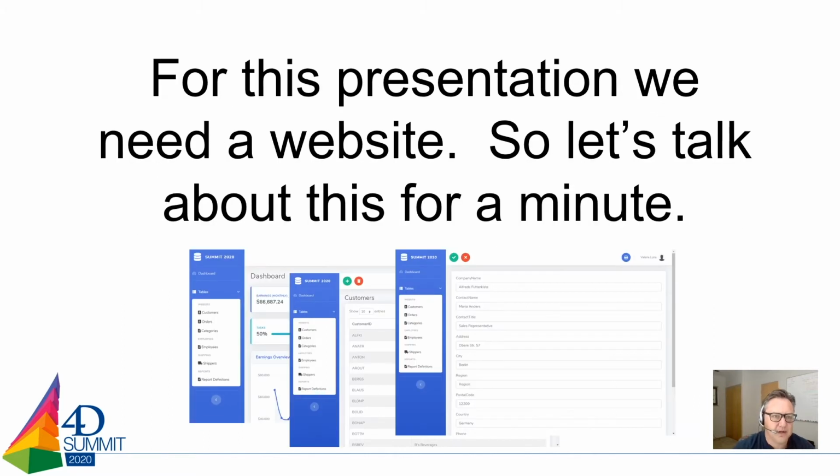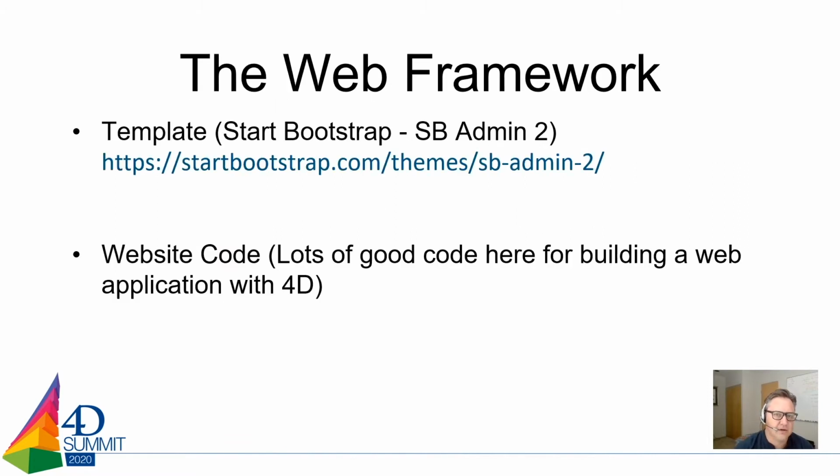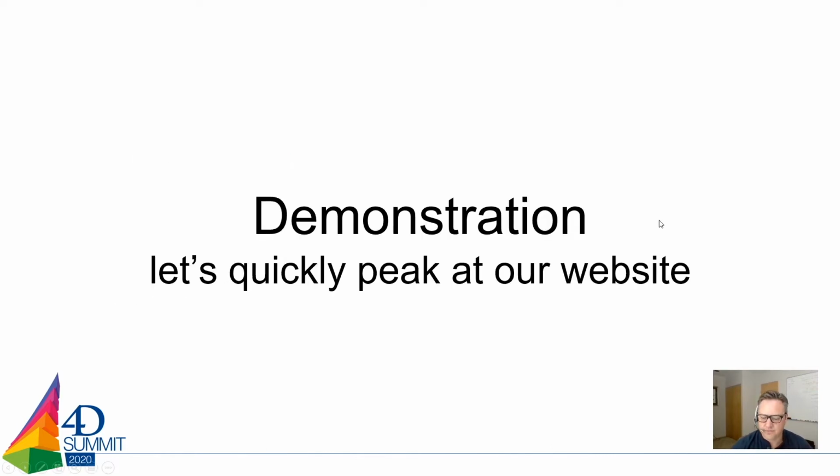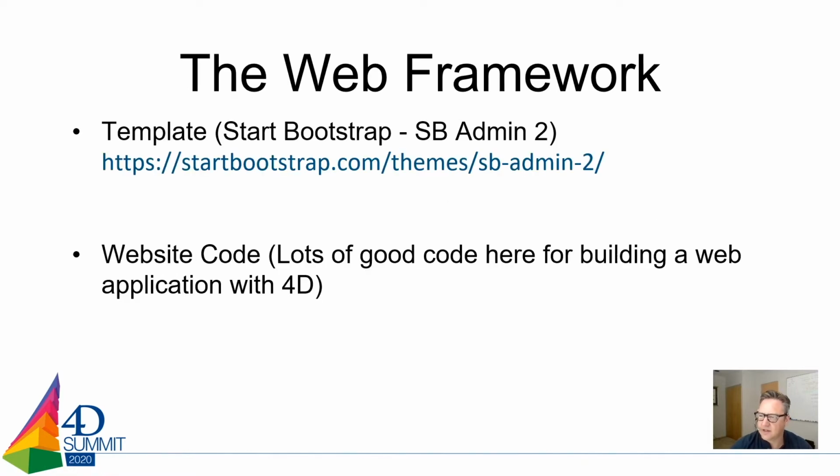Let's jump back. The other thing we did is I wanted to have a website attached to the database, so I downloaded a web framework, a template based off a free Bootstrap template that can be found right on the web. Let me pull that up for you. I'll show you.